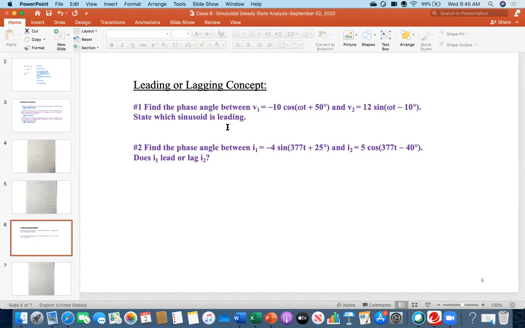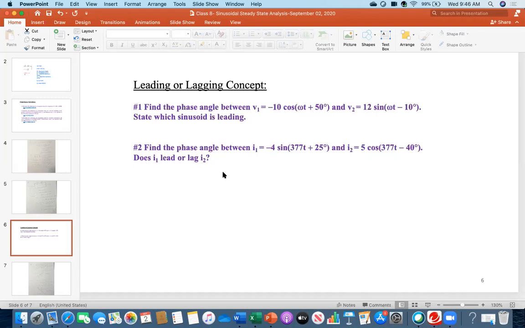State which sinusoid is leading. Is V1 leading V2, or is V1 lagging V2, or what's the relationship? I am coming to that soon. Question number 2: find the phase angle between I1 in this and I2 this, and does I1 lead or lag I2?